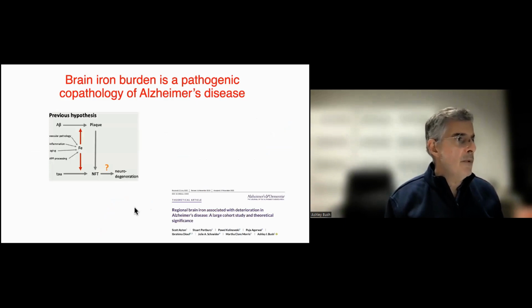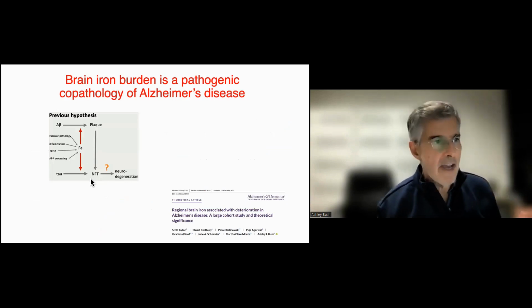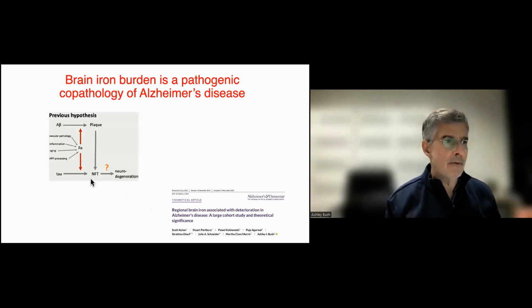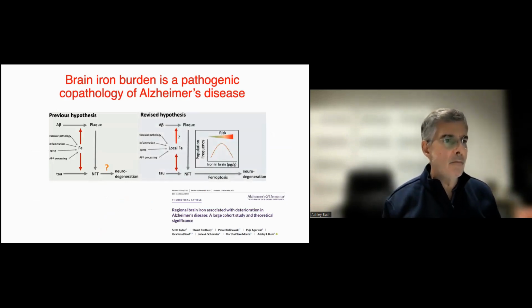So previously we had thought that iron was an upstream factor which promoted plaque formation or tangle formation. But because we find that iron acts independently of plaques and tangles in the post-mortem cohort from the Rush group, we think that iron actually plays a role downstream, in terms of promoting neurodegeneration.